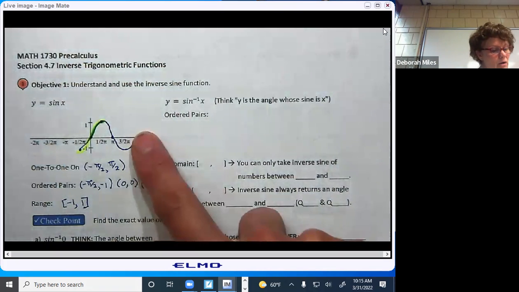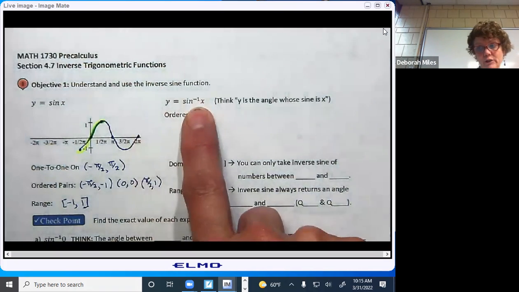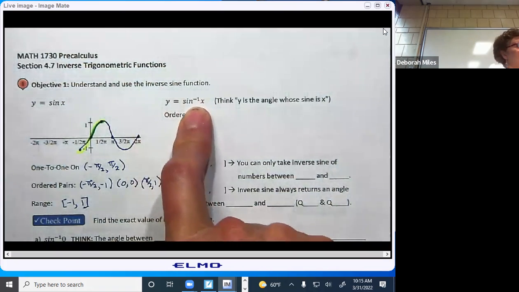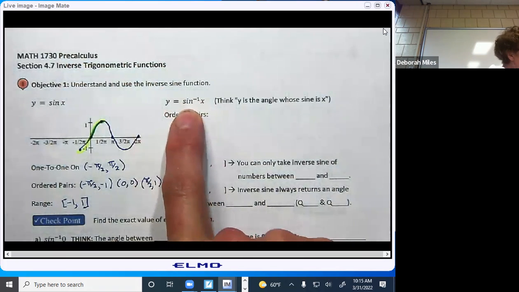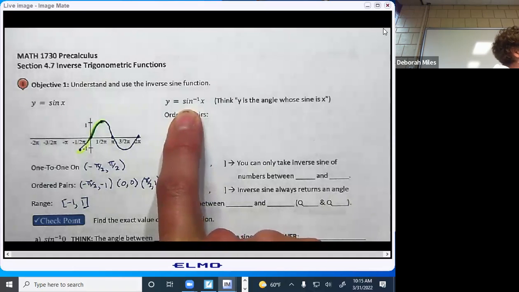Now, what do you know about inverse functions? We've actually talked about, in the section where we did some word problems, the inverse sine button on your calculator. We said it looks like the reciprocal of sine. The reciprocal of sine is what?